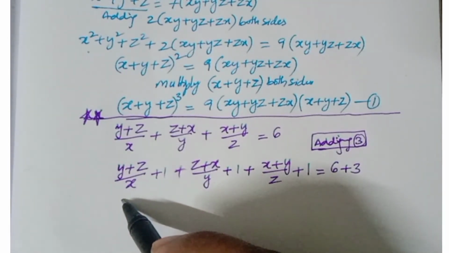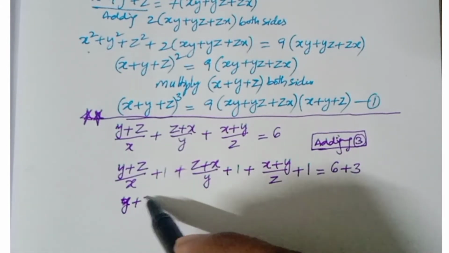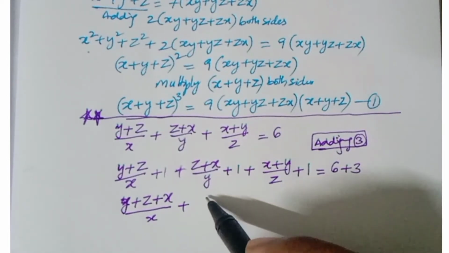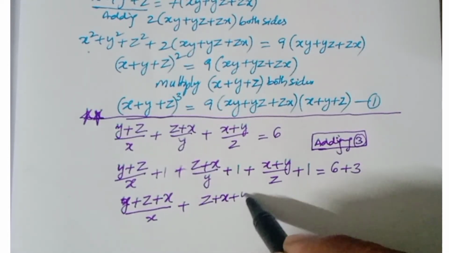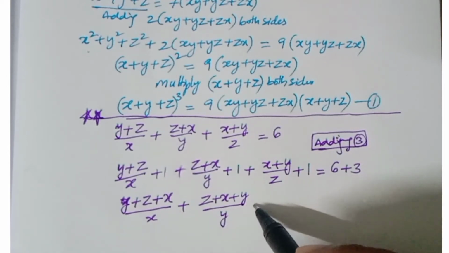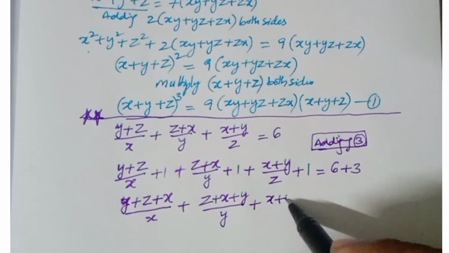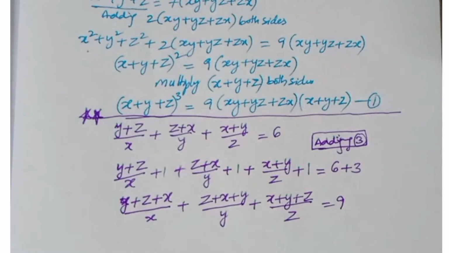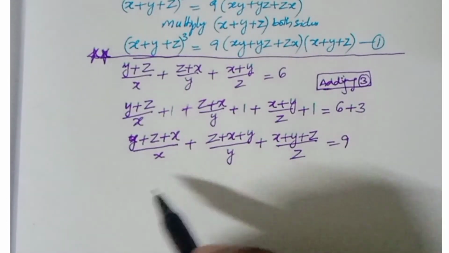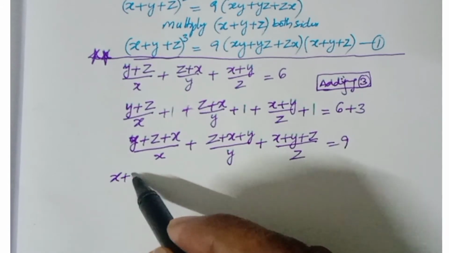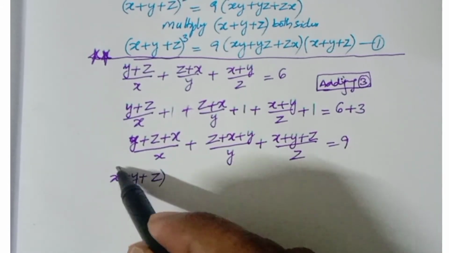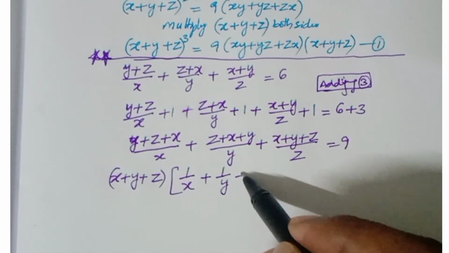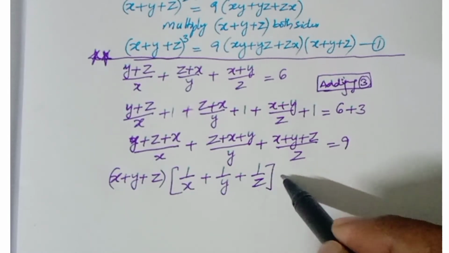Now if you take LCM, (y + z + x)/x + (z + x + y)/y + (x + y + z)/z is equal to 9. Now x + y + z you can take common, so you will get (x + y + z)(1/x + 1/y + 1/z) = 9.